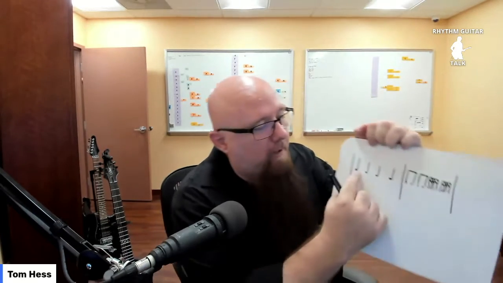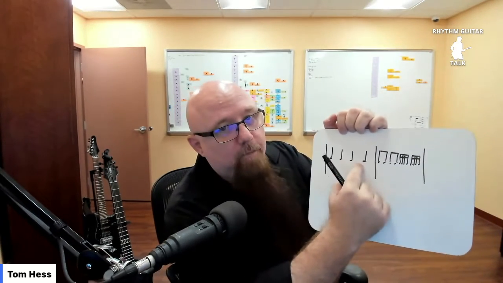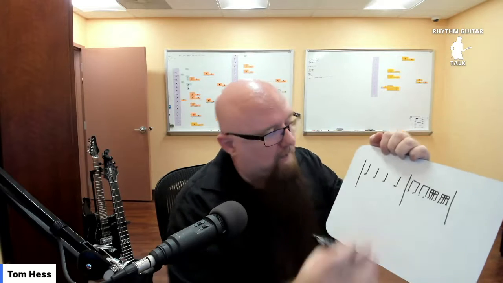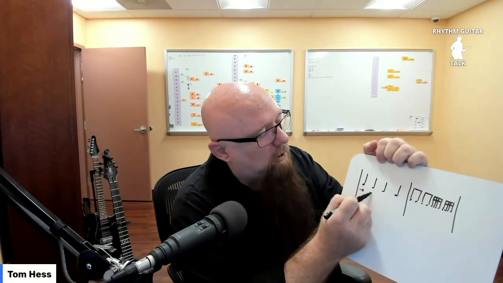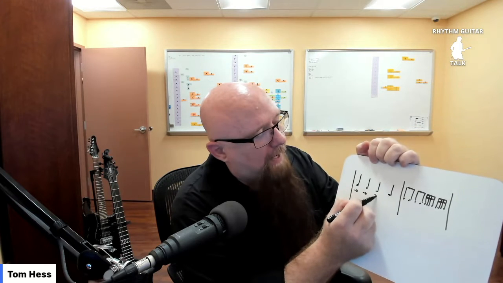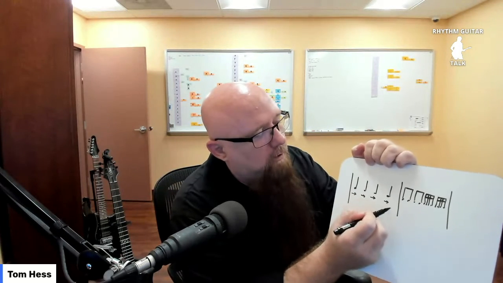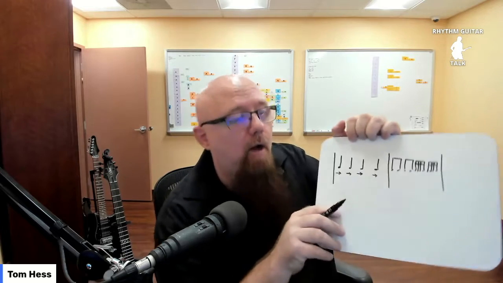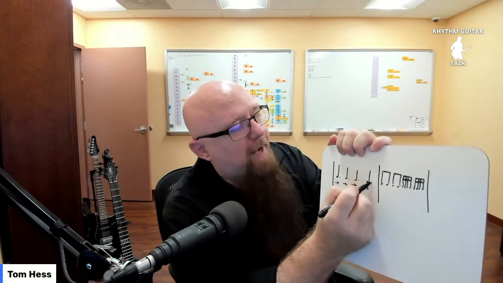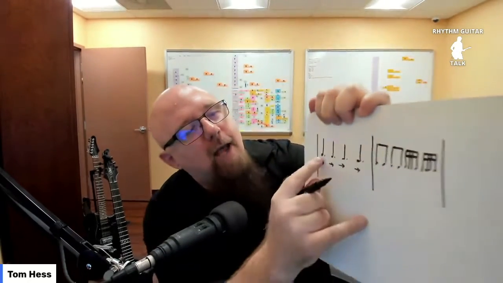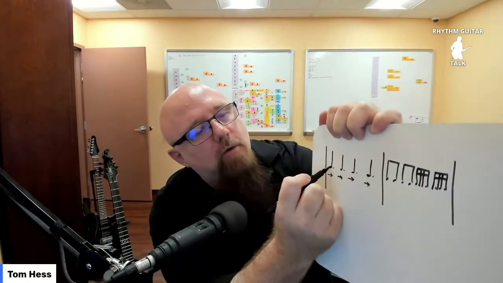So let's say the drummer is playing this. And let's say a guitar player is playing essentially the same thing, but it's shifted over by a 16th note. So they're still playing the equivalent of quarter notes, but it's happening after those little dots. It's happening after the downbeat.